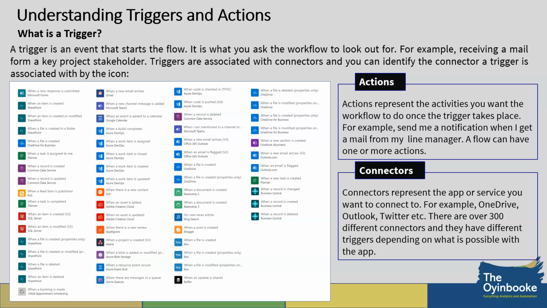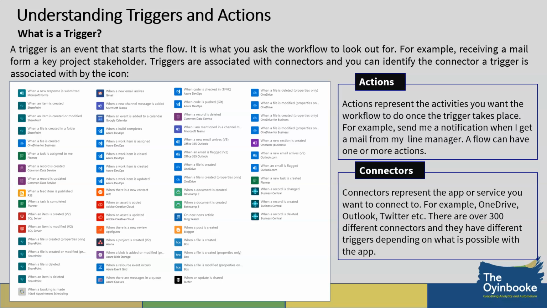Take for example, when my flow is triggered, I want to send email to our HR team. Sending email to HR team is an action, but the connectors, what application of service am I using to send the email? I can use Office 365 Outlook, I can use Gmail, I can use even the mail notification from Power Platform, I can use normal Outlook. So connectors are the application of services that you want to use to carry out a particular task.